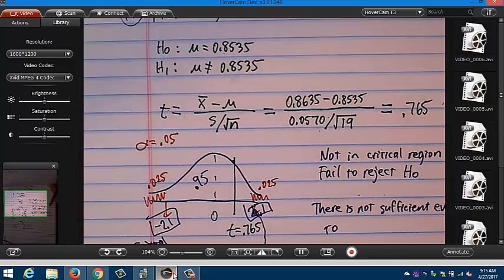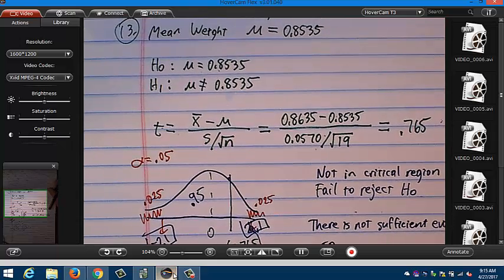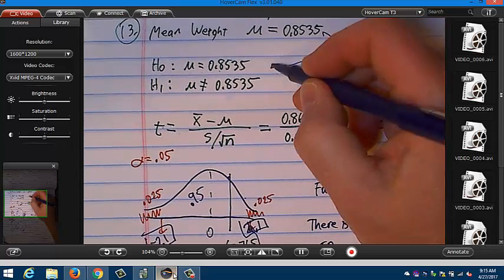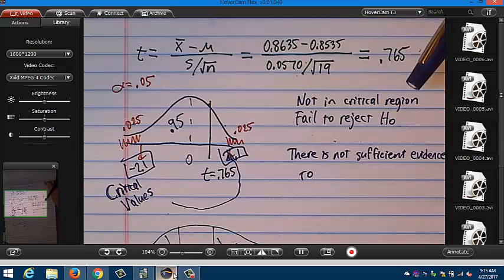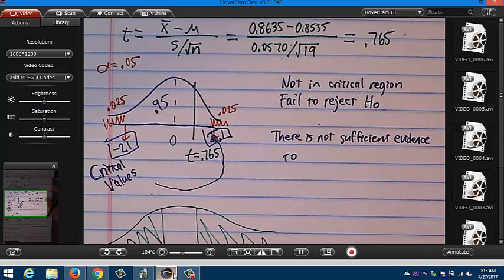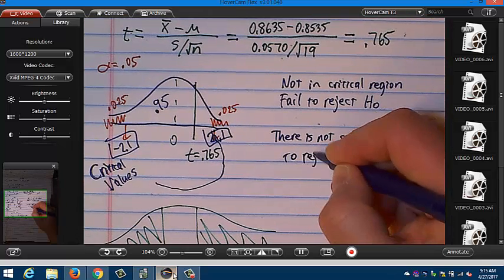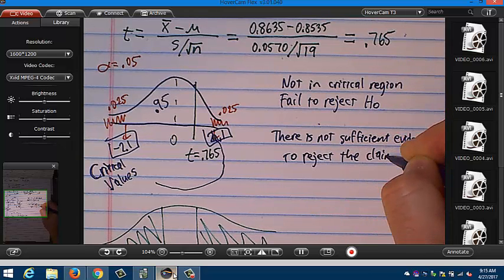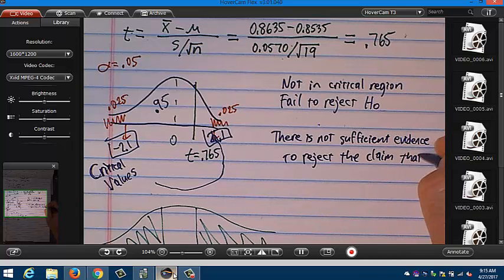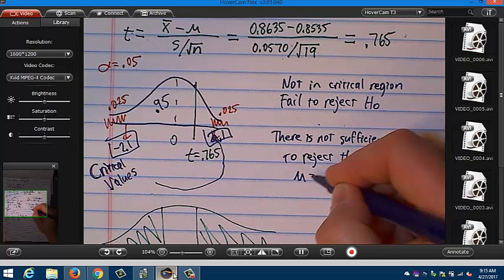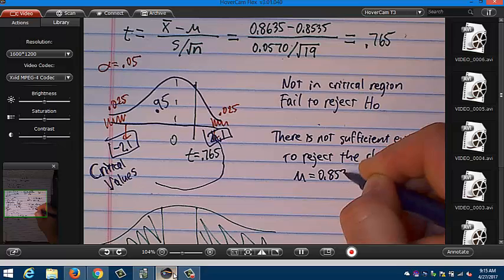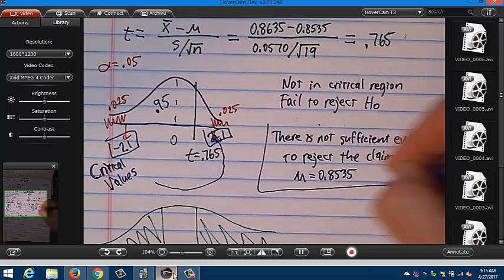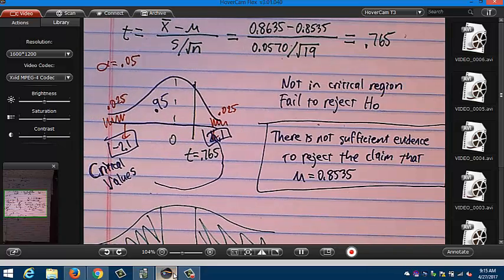Well, we would never be able to prove that because that was the original, right? So there's not sufficient evidence to reject the claim that the mean is 0.8535. I guess that's what I can say. Okay? And that's about it.